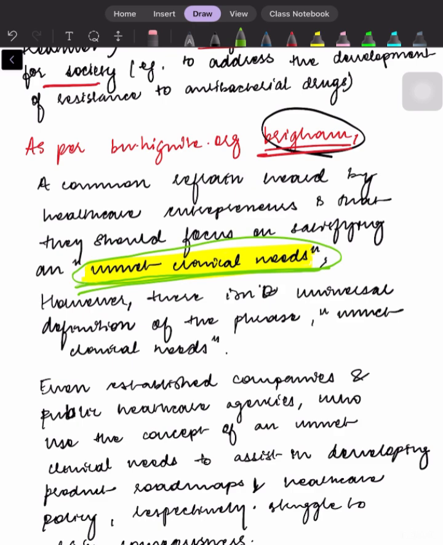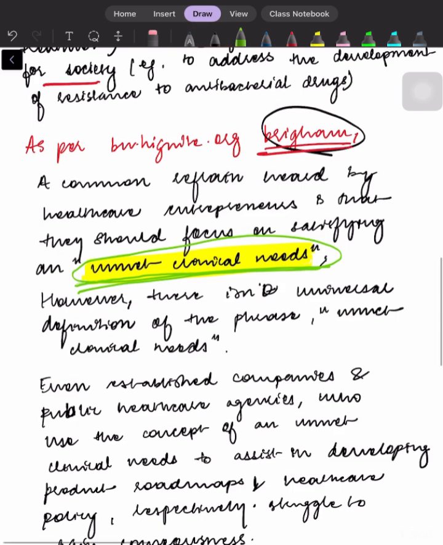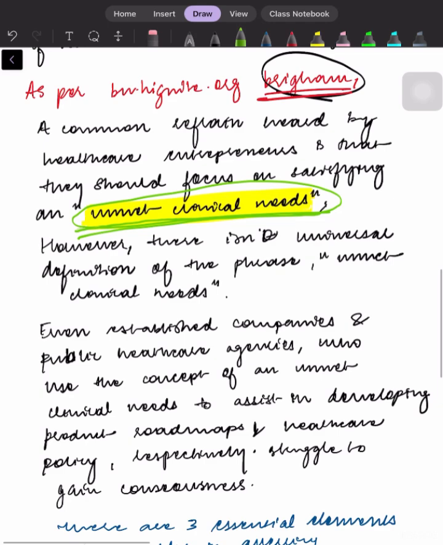That's why I like this small article by Brigham on this topic. It's a common word heard by healthcare entrepreneurs that they should focus on satisfying an unmet clinical need. However, there is no universal definition of the phrase unmet clinical needs.